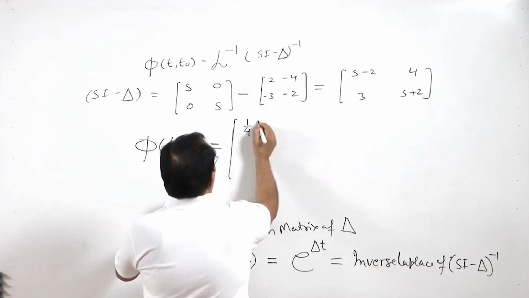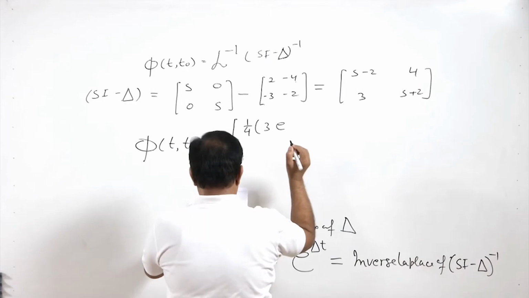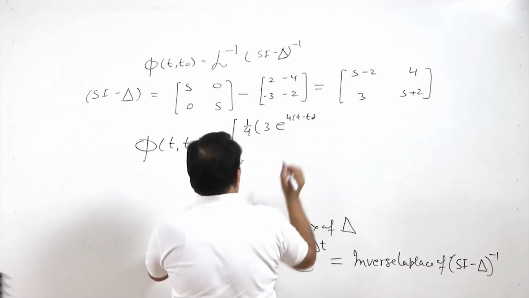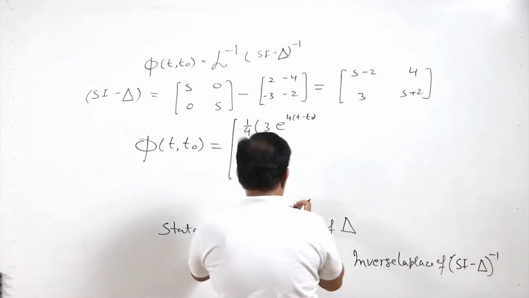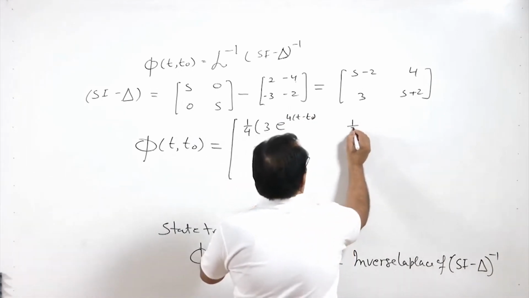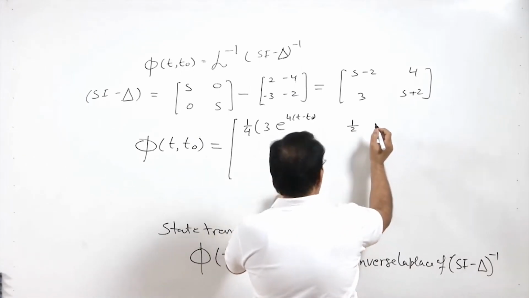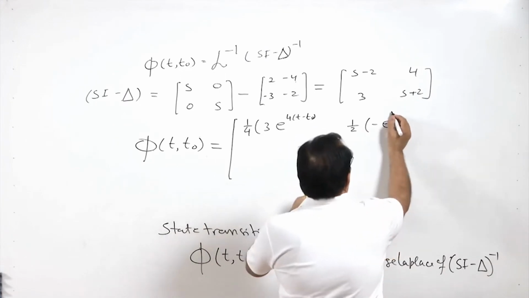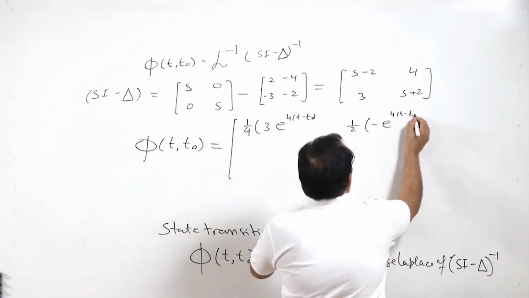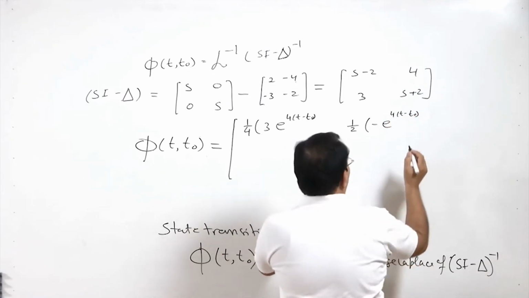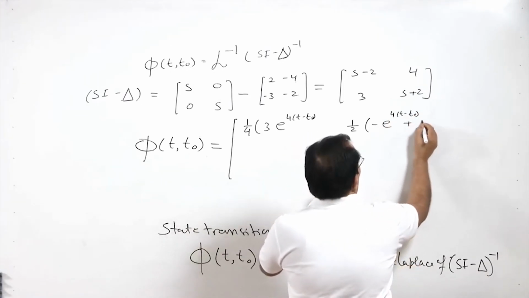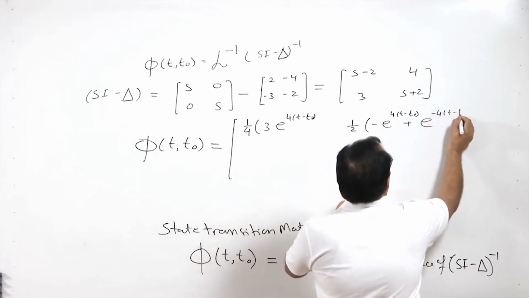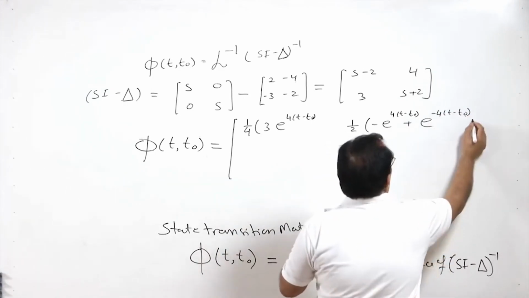so 1 by 4, 3 e to the power 4 t minus t naught. The second element is 1 by 2, minus e to the power 4 t minus t naught plus e to the power minus 4 t minus t naught.